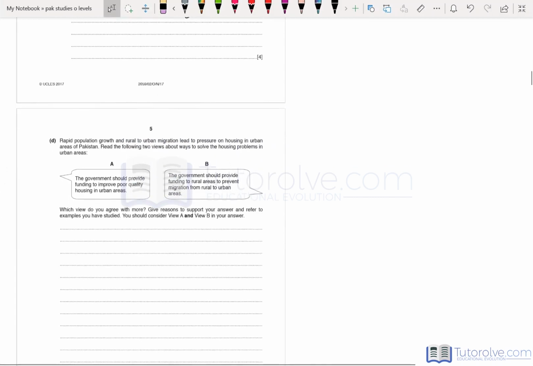Now we have rapid population growth and rural urban migration leading to pressure on housing in urban areas of Pakistan. Read the following views about two ways to solve the housing problems in urban areas. Number A, the government should provide funding to improve poor quality housing in urban areas. And B, the government should provide funding for rural areas to prevent migration from rural to urban areas.